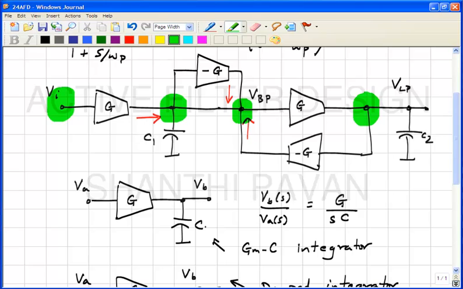The weights of VBP and VLP are negative, whereas VI is positive.